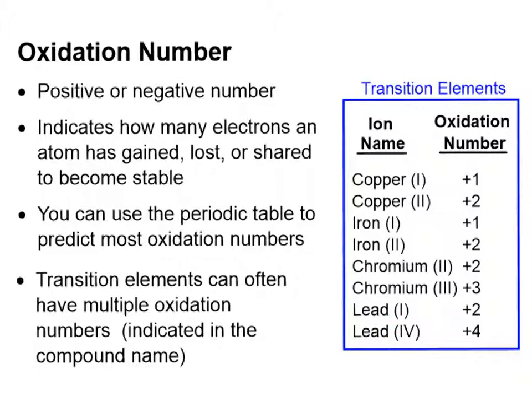Lead can achieve an oxidation number of +4 sometimes, and so in parentheses it would have Roman numeral 4. And when we name that ion, we will have after it this oxidation number in parentheses. Remember, the oxidation number indicates how many electrons something has lost or gained. So you can see that for all of these metals, they have lost electrons in order to achieve this positive oxidation number.